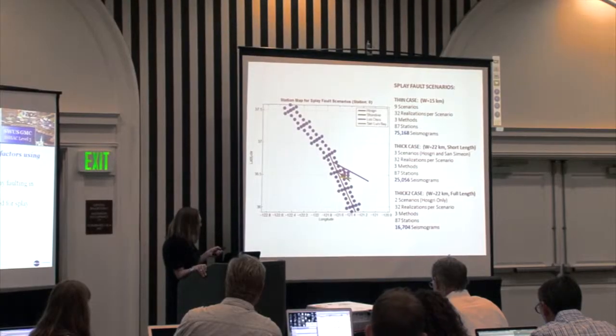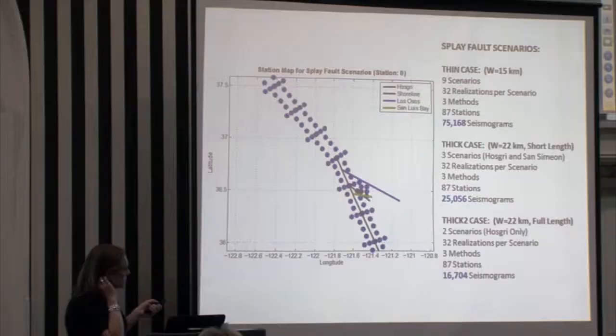My inputs: I have the magnitude of the smaller splay. I specify the location of the hypocenter because that's fixed. And then we're running 30 random realizations of the slip and the velocity. And the geometry of this source is specified in the inputs.